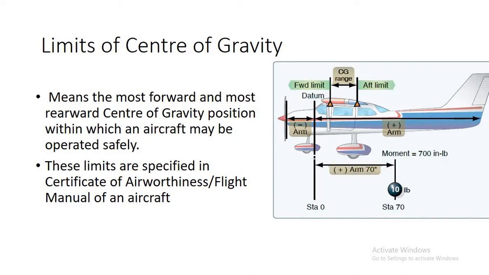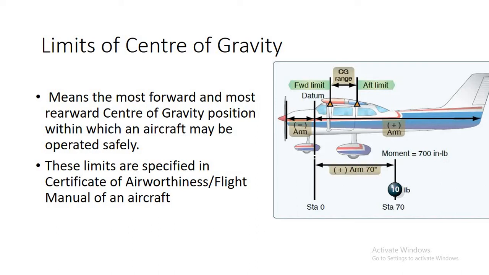That point is called the center of gravity. For this center of gravity, there should be a range, a forward limit and an aft limit. Your CG should come only within this range. If it goes beyond these extremes, the aircraft will become uncontrollable and a lot of maneuverability problems will arise. So we always make sure that CG is within this limit.